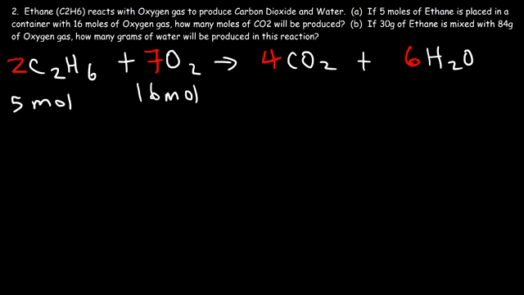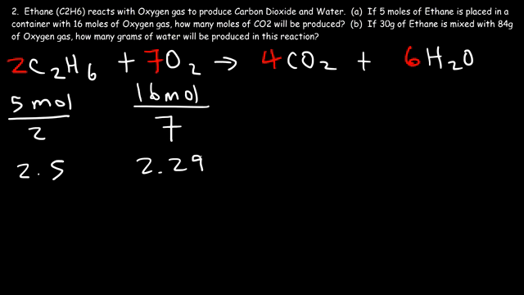So let's identify the limiting reactant the old-fashioned way. So we're going to divide the moles of ethane by 2 and the moles of O2 by its coefficient, 7. So 5 divided by 2 is 2.5. And 16 divided by 7, I need a calculator for that, that's about 2.29. So 2.29 is less than 2.5.